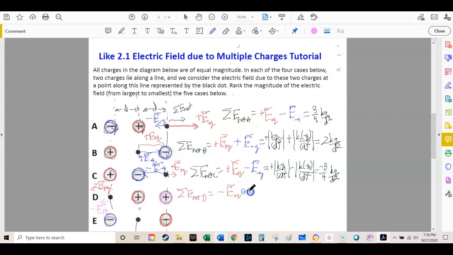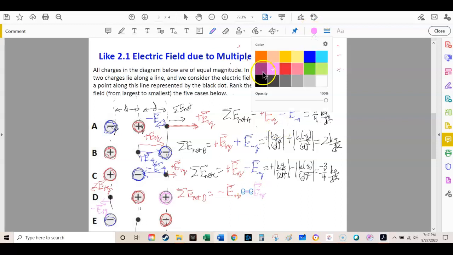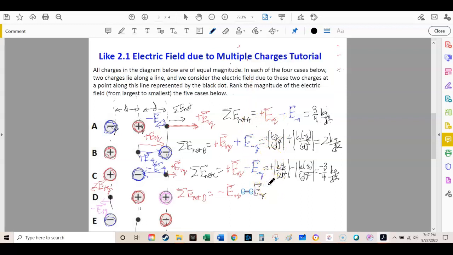And then we're going to have another vector pointed to the left due to the pink positive Q charge. Which is going to end up being a negative K positive Q all over, so this is a distance D apart.